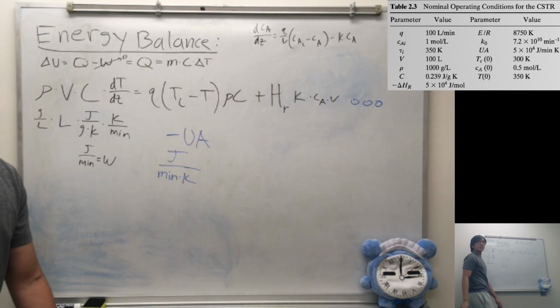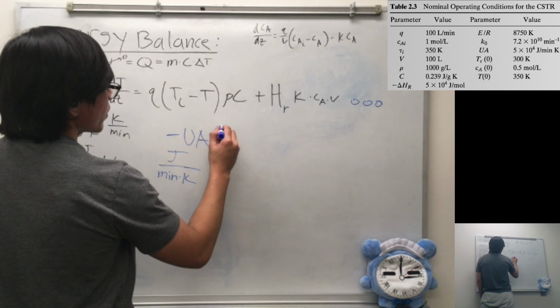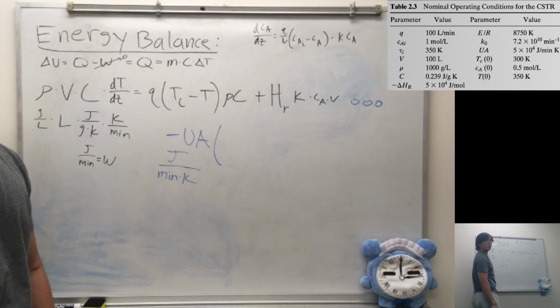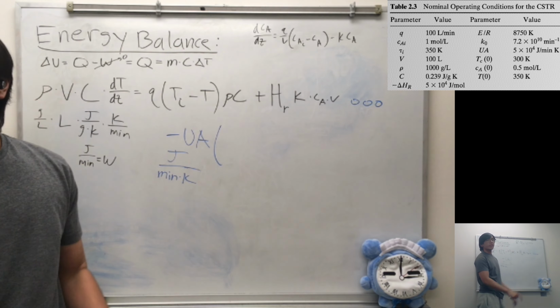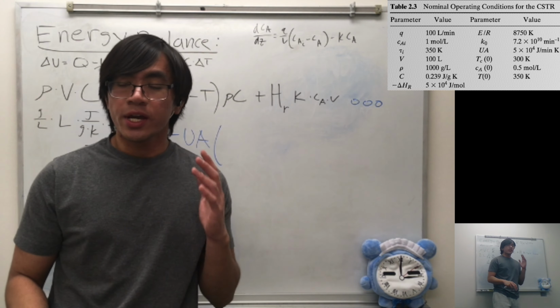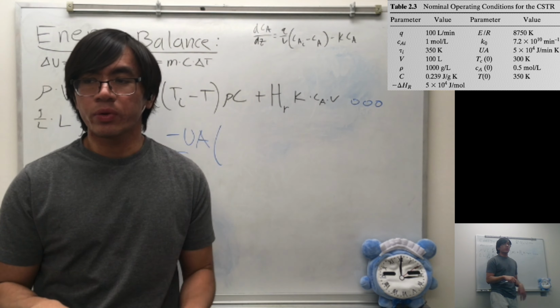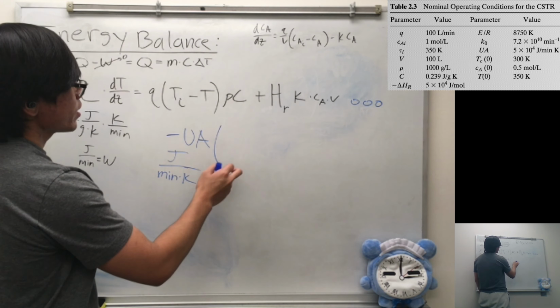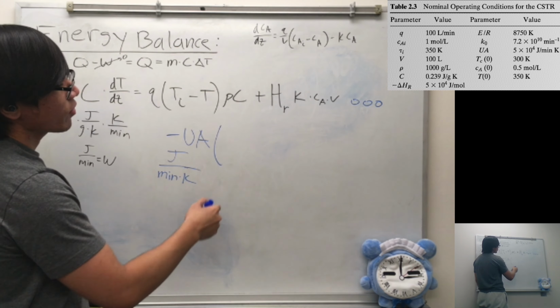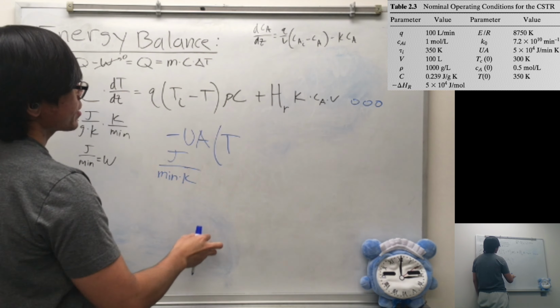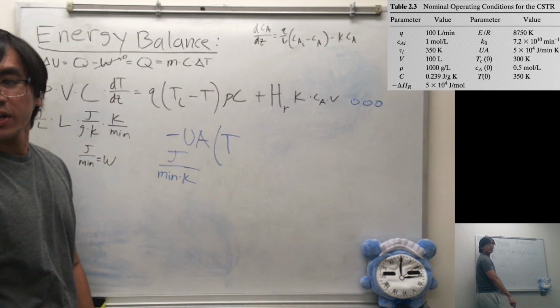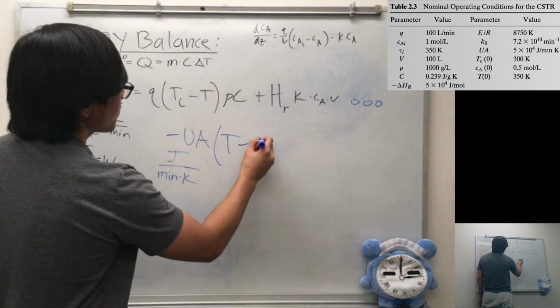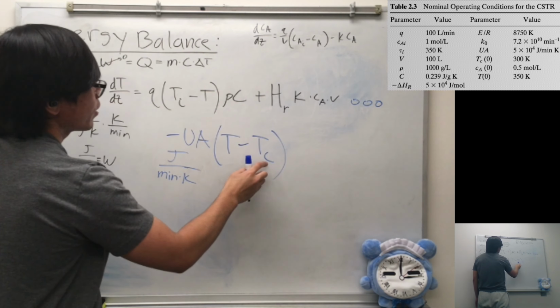All we want to get rid of is Kelvin, and make sure we are doing this by the driving force. So the overall heat transfer coefficient times area times the driving force is what we want to express with our subtraction in this parameter. So this will be times temperature. However, this temperature will be between, as you can guess, our temperature in the reactor, which I erased, minus our temperature in our cooling jacket.